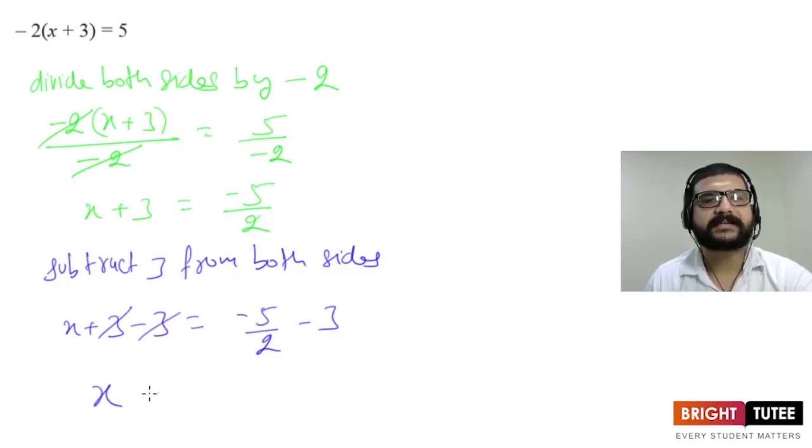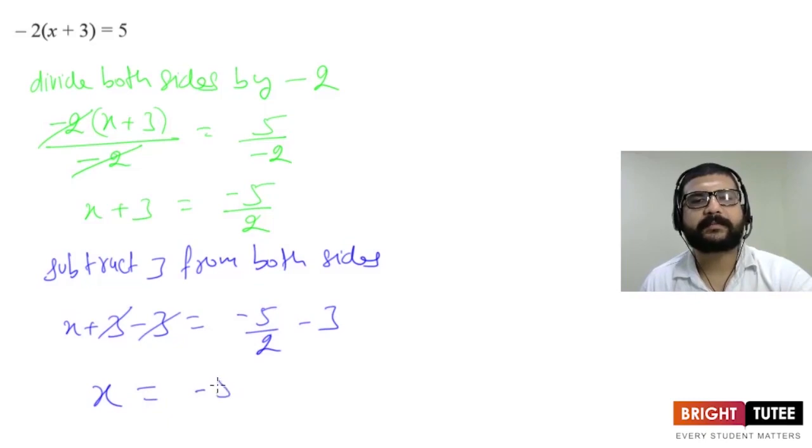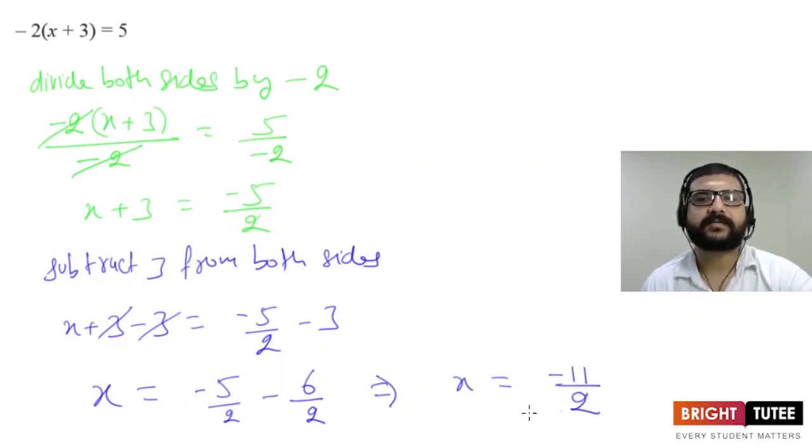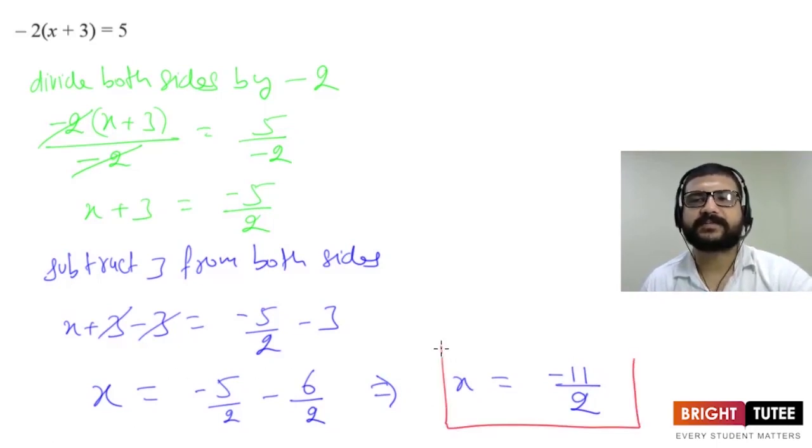We are left with x here, and this will be equal to minus 5 upon 2 minus, we can write this 3 as 6 upon 2. Now by simplifying this we will get x is equal to minus 11 upon 2. So the value of x we are getting is minus 11 upon 2. This will be the final solution of the equation.